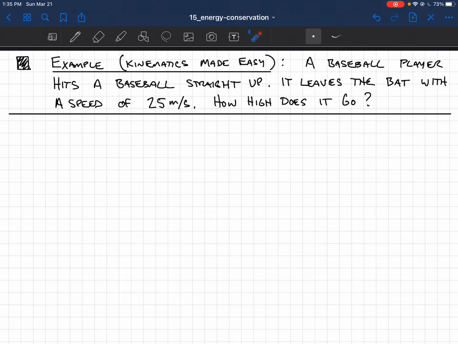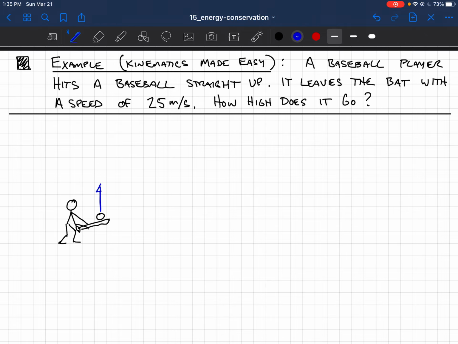The baseball player hits a baseball straight up. It leaves the bat with a speed of 25 meters per second. How high does it go? So this is a problem that we could have done back in the very beginning of the semester using kinematics tools. So here's a baseball bat hitting a ball, and it's a foul, I guess.